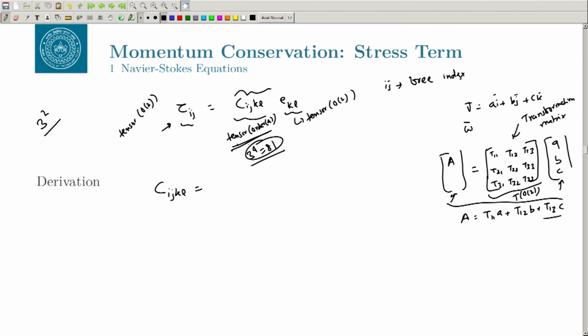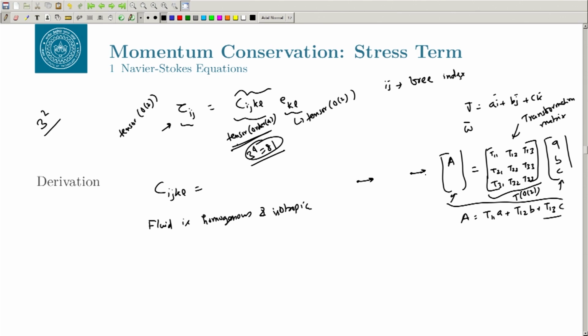So, what we will do, we will assume that the fluid is homogeneous and isotropic, okay. So, what do you mean by homogeneous? Homogeneous means that it is position independent. So, whatever quantity that we have, it is independent of the position, right.